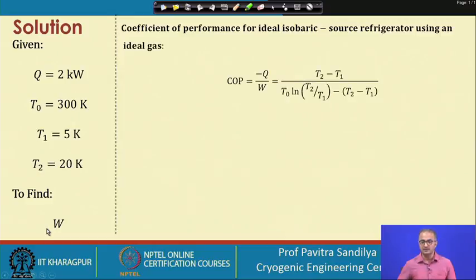What we do, as we learnt earlier, is use the COP equation for the isobaric refrigerator, and here again this is the amount of heat that is to be removed, and this is the work done.